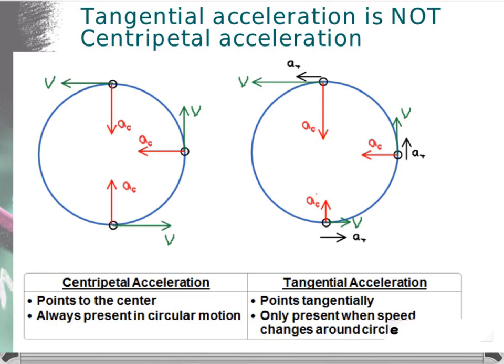So tangential acceleration points tangentially, and it's only present when we are speeding up or slowing down as we go around a circle. Centripetal acceleration, on the other hand, always points toward the center of the circle, and it's always present even when we're keeping our speed constant going around the circle.